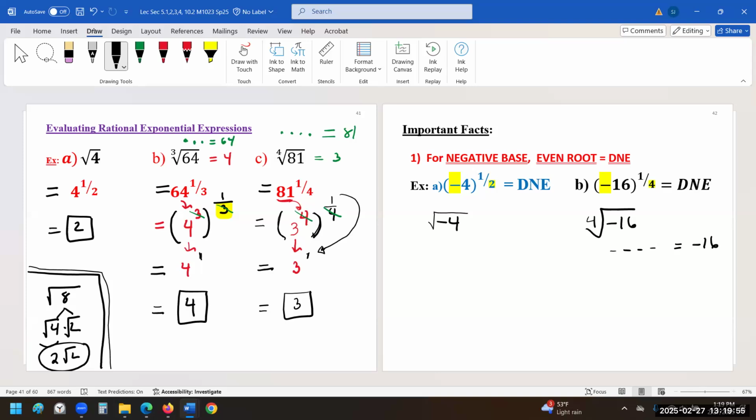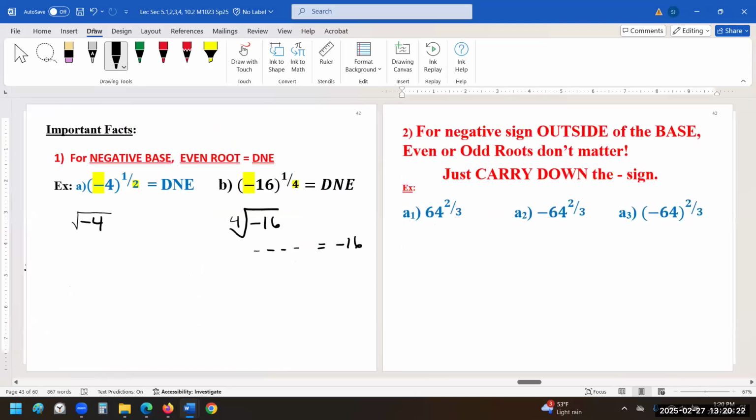So the answer is doesn't exist. So if your denominator is even, it means you're dealing with an even root. An even root cannot have any negative number inside. Even denominator cannot have any negative base. However, for odd, it doesn't matter.